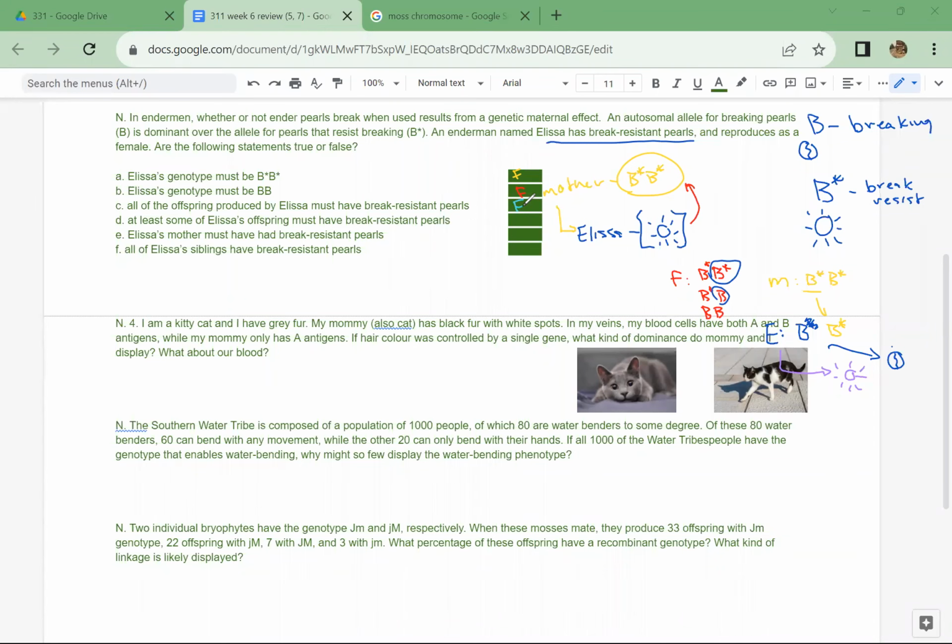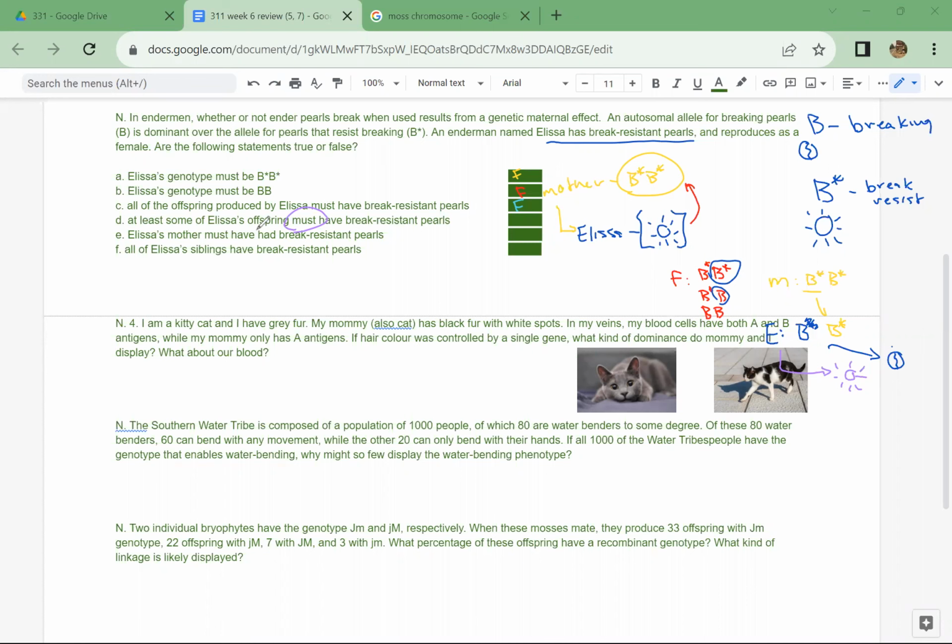Okay. At least some of Elisa's offspring must have break-resistant pearls. Is that true? Now you might be thinking to yourself, I don't know, it's possible. But you can look at the question and it's very specific. It's very particular about what it wants.